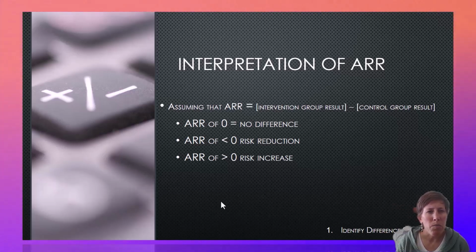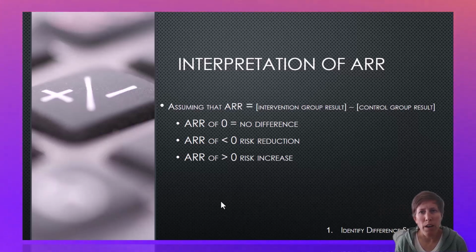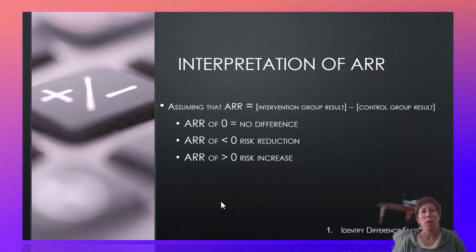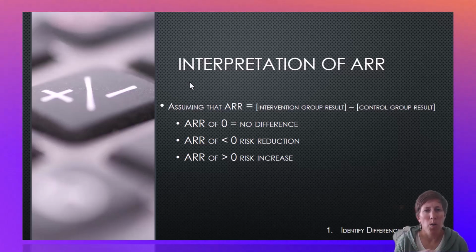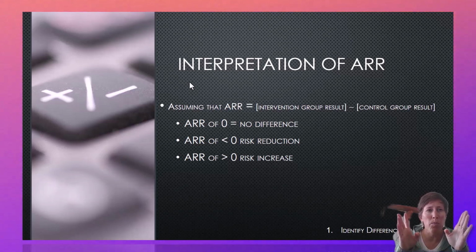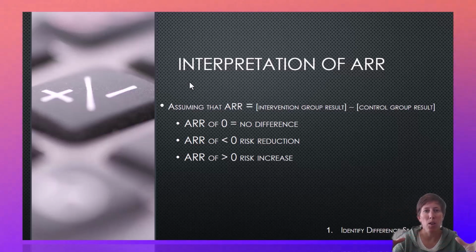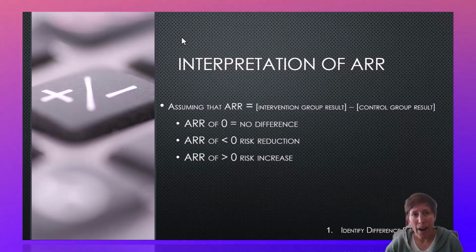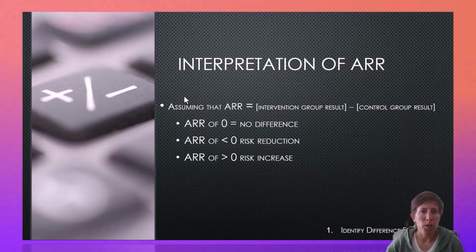As we do the subtraction in the absolute rate reduction of intervention group minus control group, if we get 0, then there's no difference. So taking our ramipril example, if the ramipril group and placebo group were both 14%, 14% minus 14% is 0. Or there is 0 absolute reduction in rate of stroke.